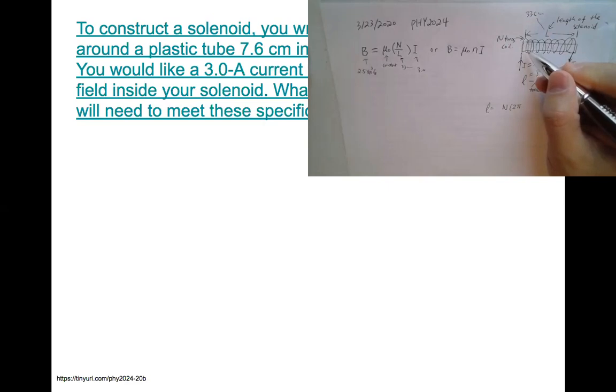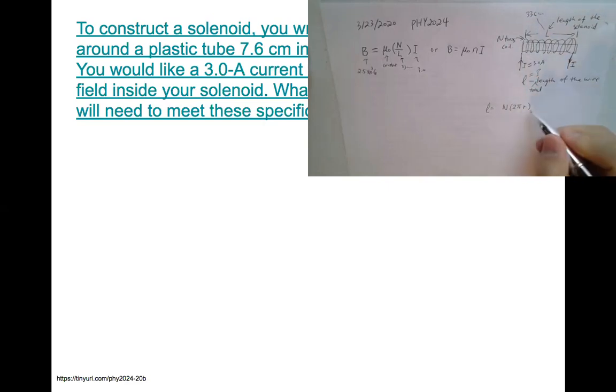It should be 2 pi r, or pi times d. It tells us the diameter d, so we are going to just use pi times d. So we use n times pi times d for the length.